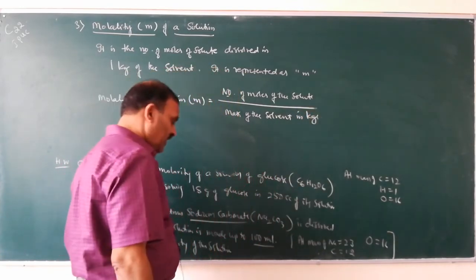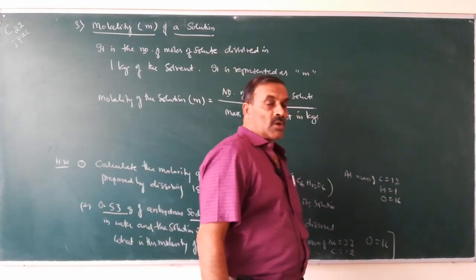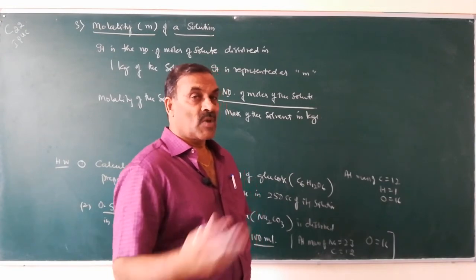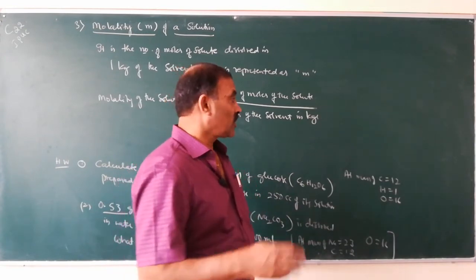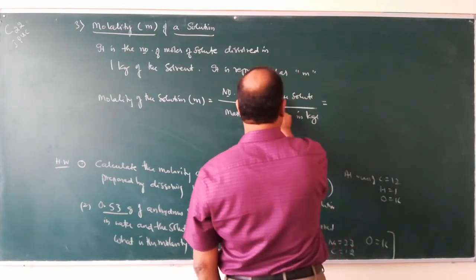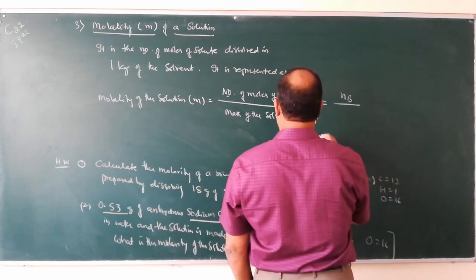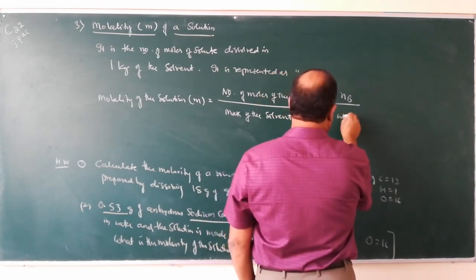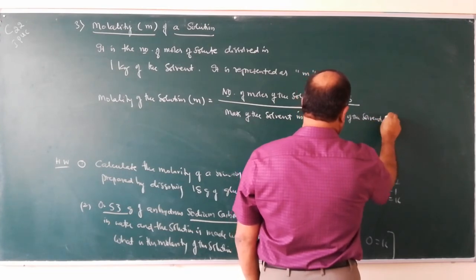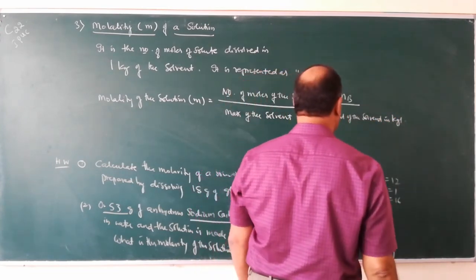Here the mass of the solvent and the mass of the solute are taken separately. So m equals NB divided by the weight of the solvent in kgs.